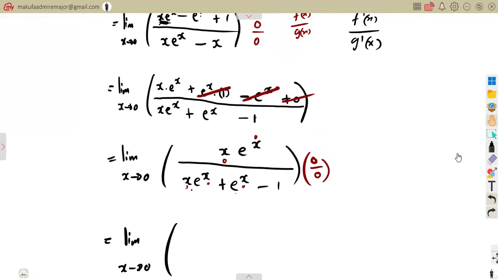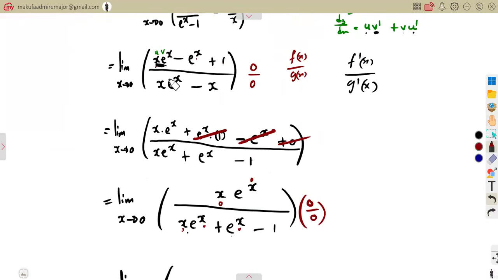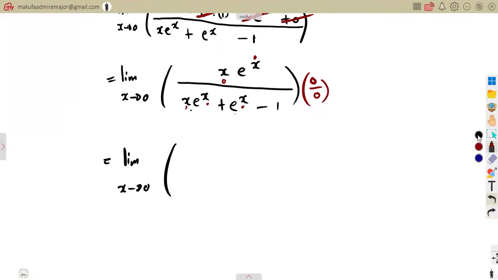Remember, it's just a repetition of what we differentiated before. The x times e to the exponent of x, we saw that this is going to give us x e to the exponent of x plus e to the exponent of x.